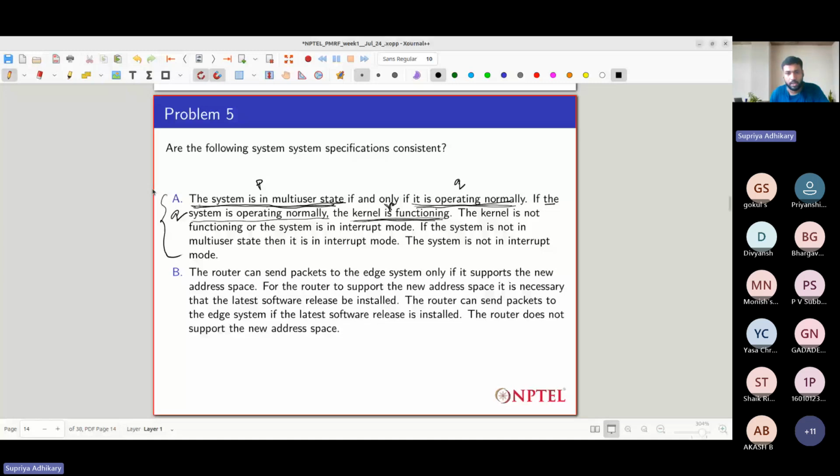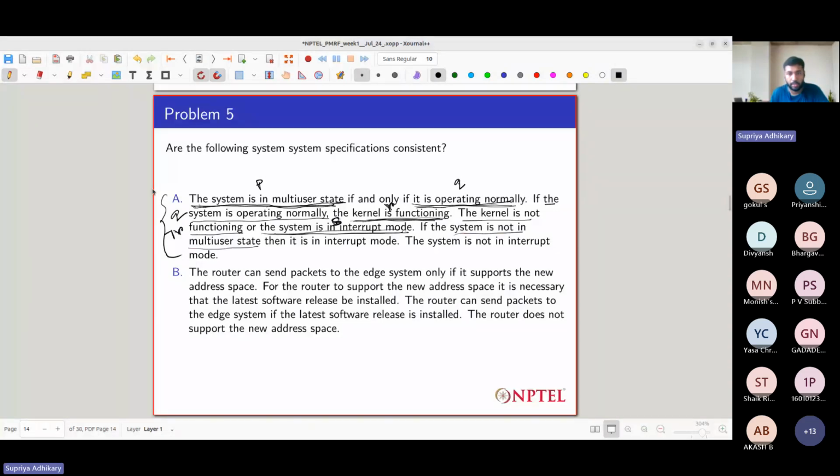The kernel is not functioning in the system. The kernel is not functioning, so that should be nothing but negation of R. Or the system is in the interrupt mode. So the system is in the interrupt mode is a new proposition. Let's name it S. The system is not in the multi-user state.